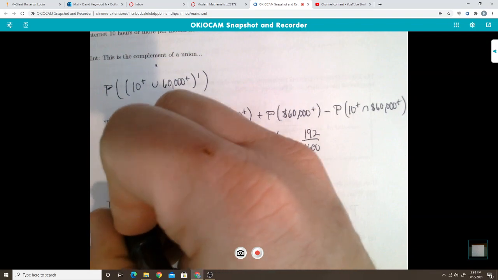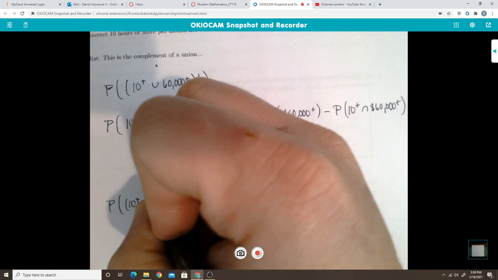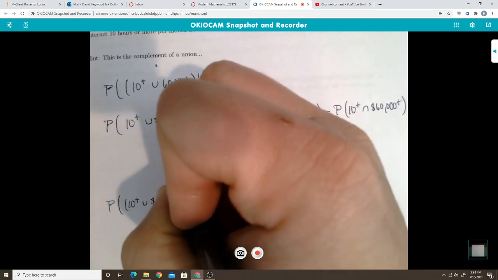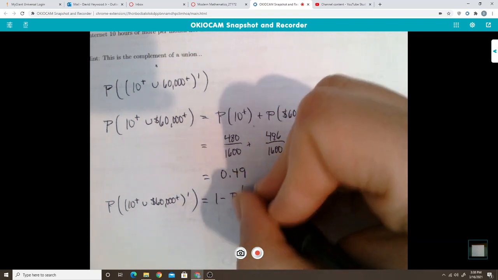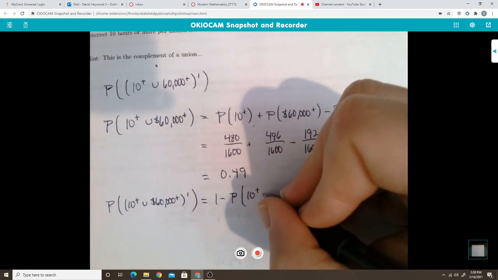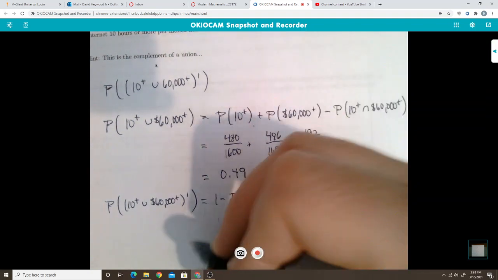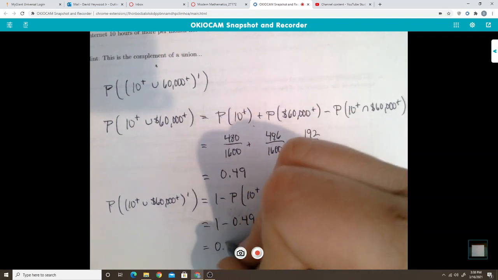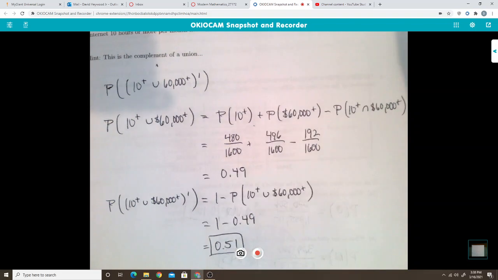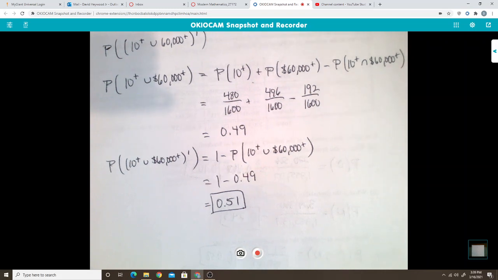So we would say probability of 10 plus union 60,000 plus complement is 1 minus the probability of 10 plus union 60,000 plus, which is 1 minus 0.49, which is 0.51. So 51% of people neither shopped online for more than 10 hours nor made more than $60,000 per year.